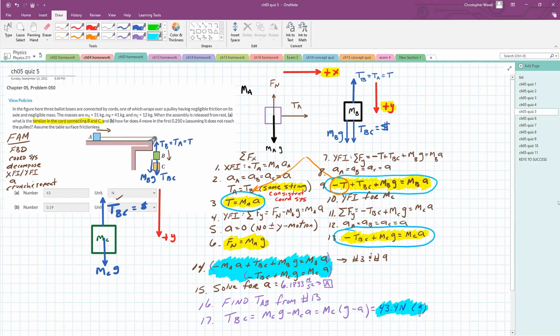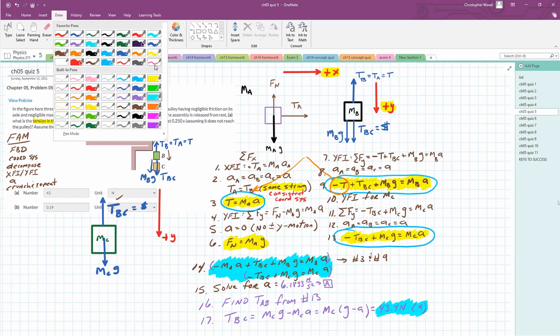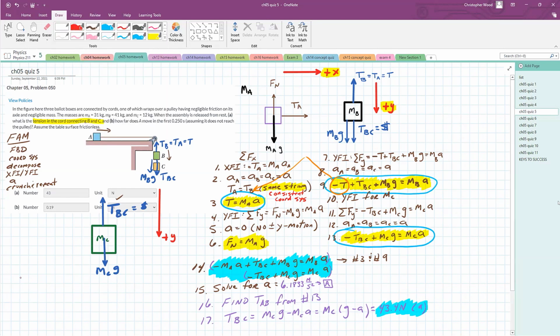And the only way I could get this answer is if I got my acceleration. And for part B, they actually want you to do kinematics. Part B says, how far does the block move in the first 0.25 seconds, assuming everything's frictionless and it doesn't reach the pulley, and it's starting from rest, released from rest.